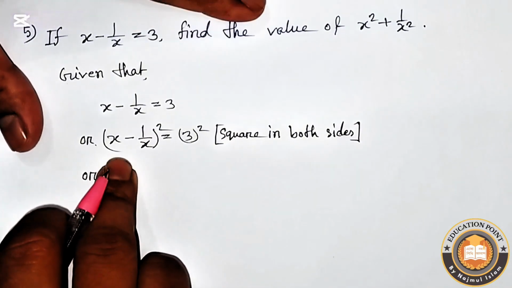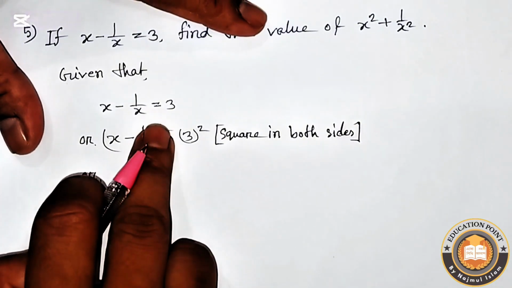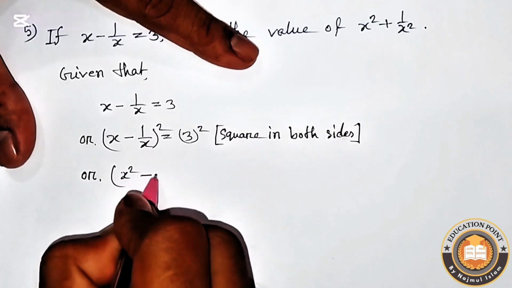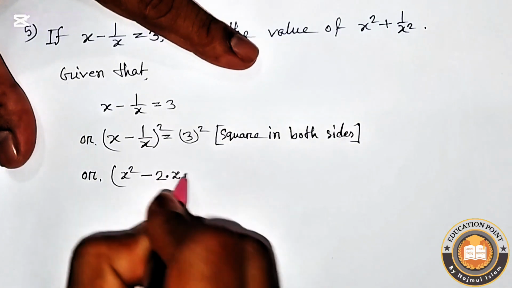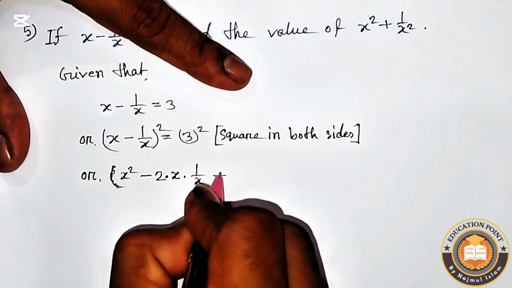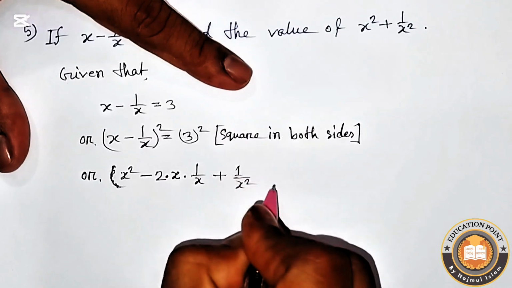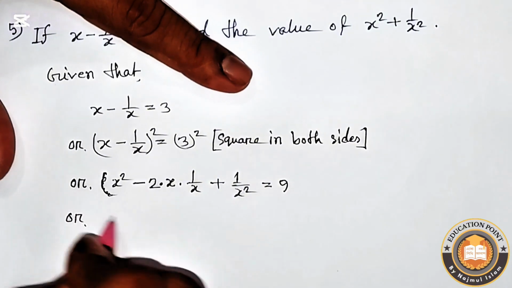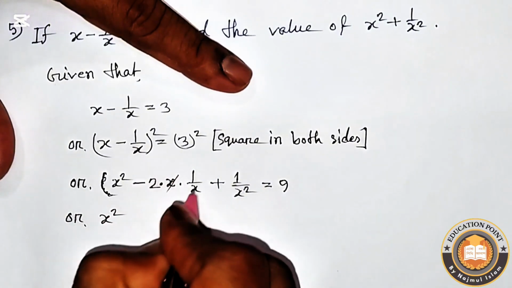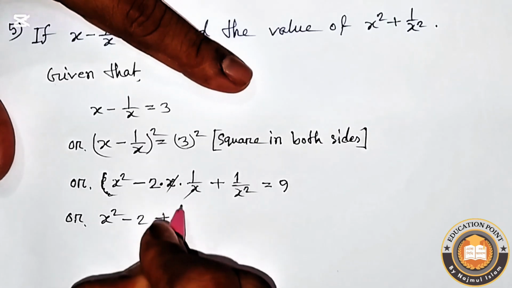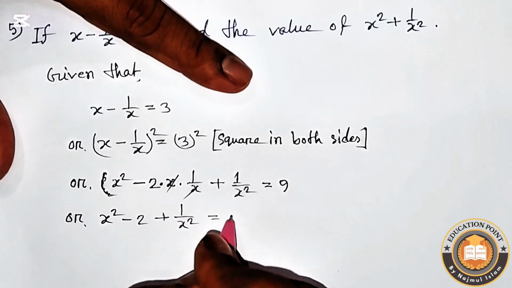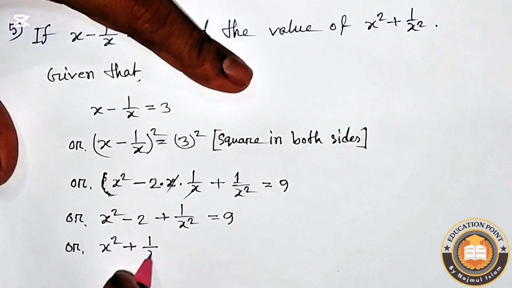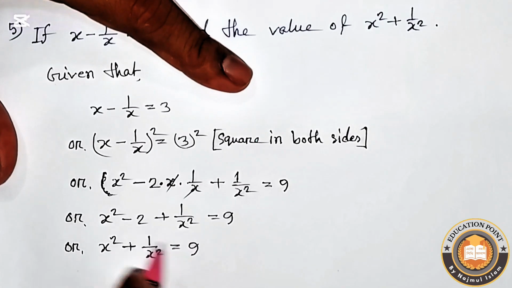Here we will apply the formula of (a minus b) whole square. Here a² means x², minus 2 into a means x into b means 1 by x, plus b² means 1 by x². The square value of 3 is 9, so x² minus 2 plus 1 by x² equals 9.